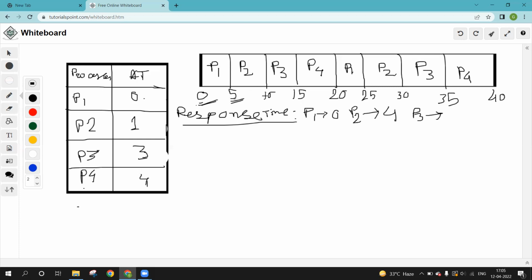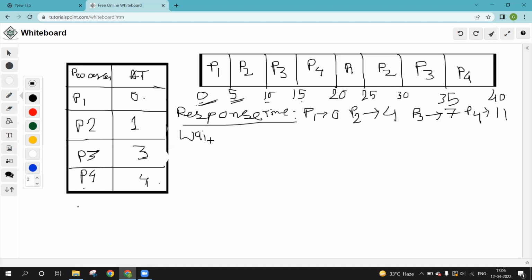For P3, the first start execution time is 10, and the arrival time is 3, so 10 minus 3 is 7. And for P4, the first start execution time is 15, and the arrival time is 4, so 15 minus 4 is 11.